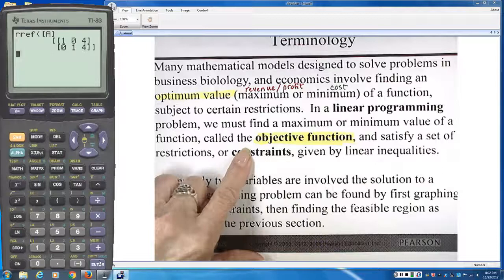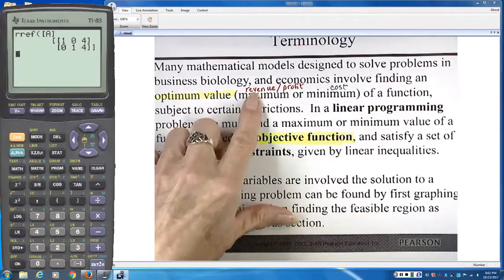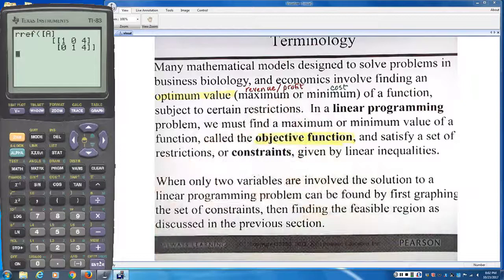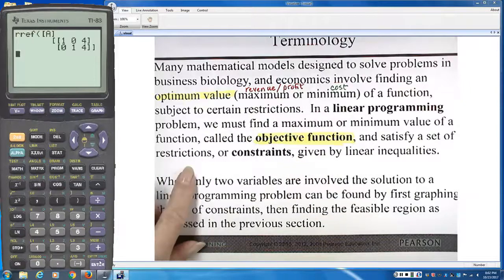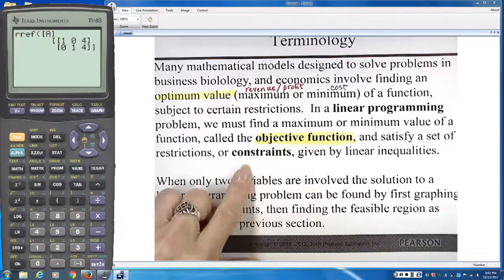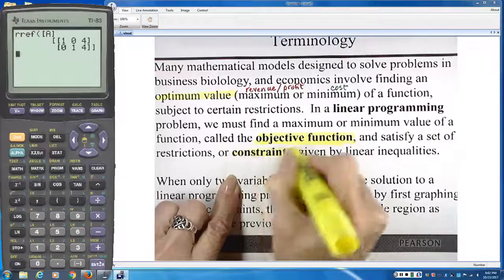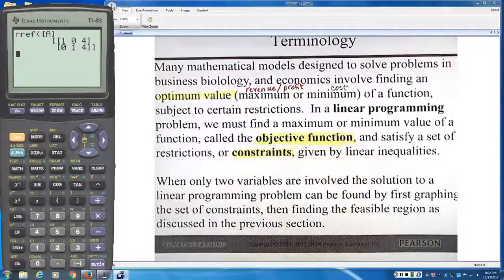And that objective function is going to be an expression for either revenue or cost or profit, one of those three commodities. And it's going to satisfy those set of restrictions. That's your inequalities, and we call the inequalities constraints, things that are kind of boxing us in.